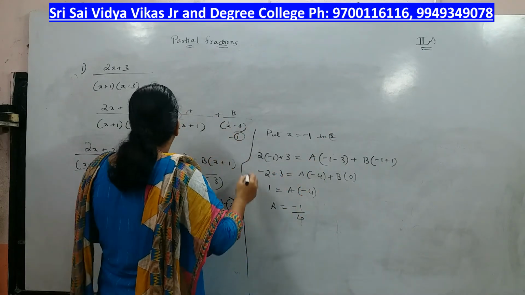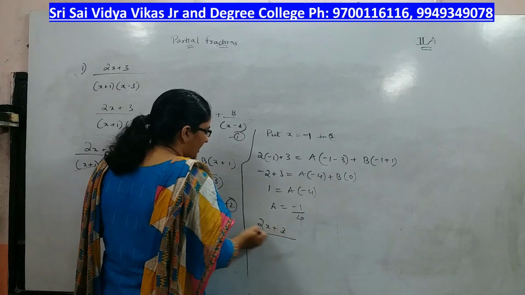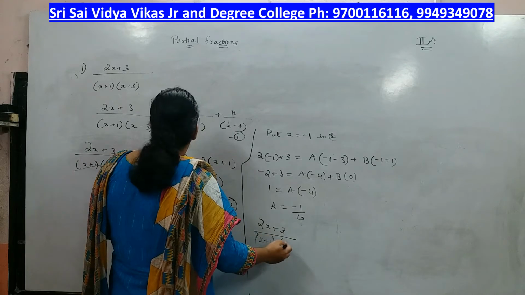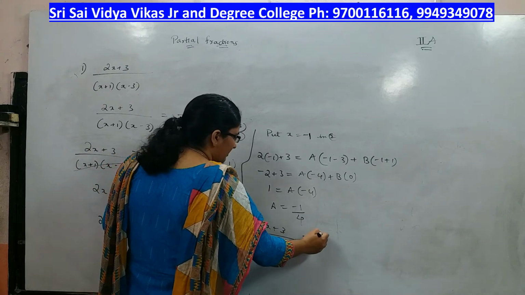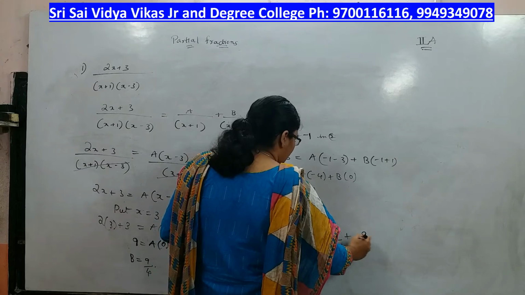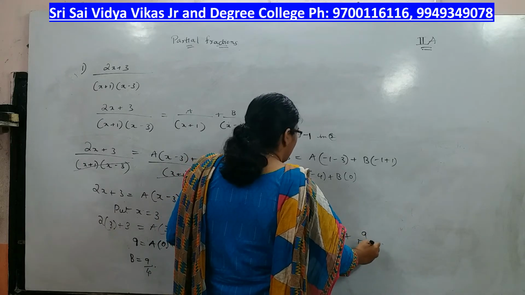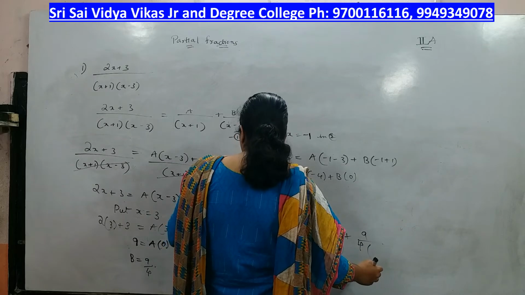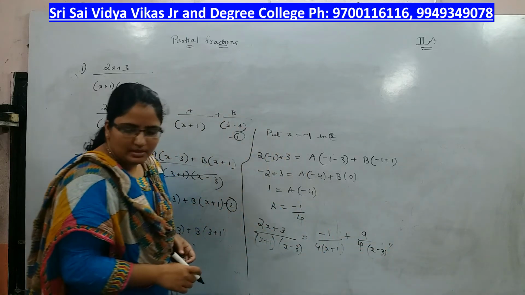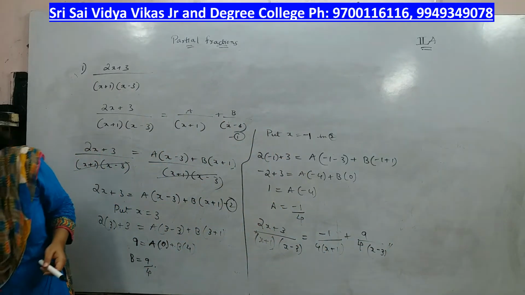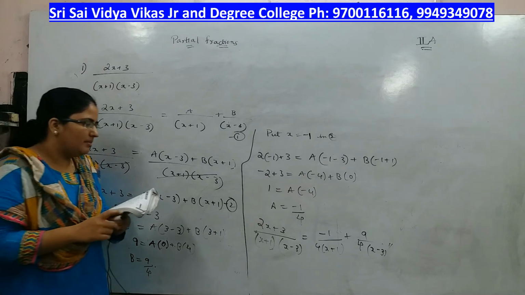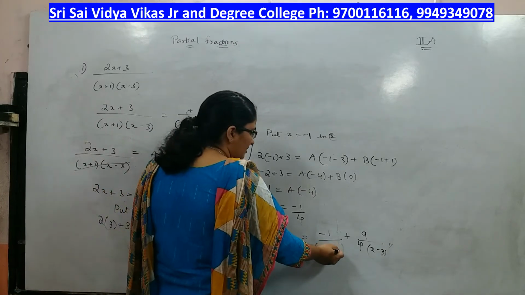So, what do you get? (2x + 3) / ((x + 1)(x - 3)) is -1/4 into 1/(x + 1) plus 9/4 into 1/(x - 3). This is what you get.